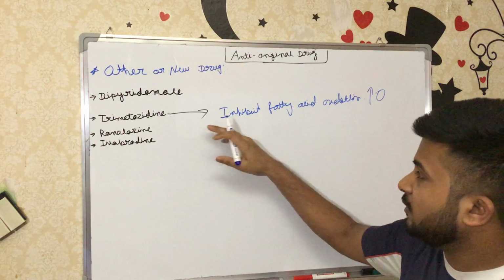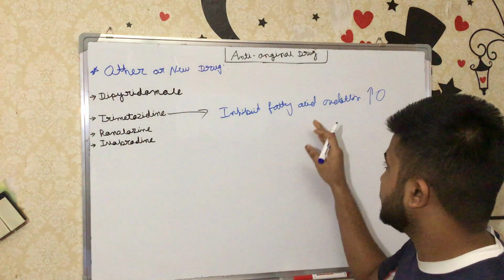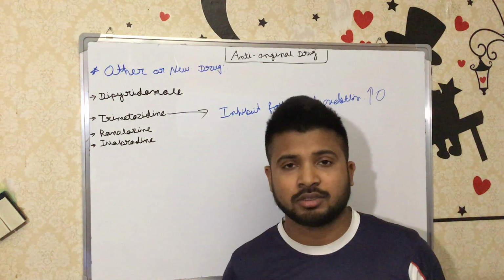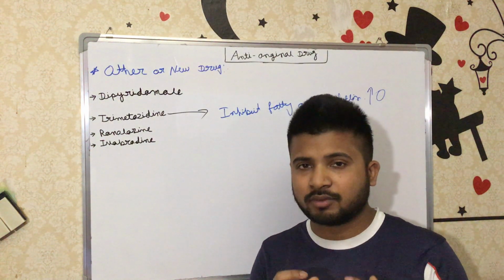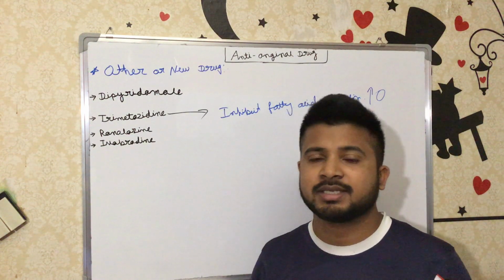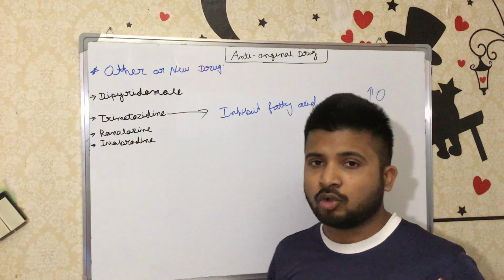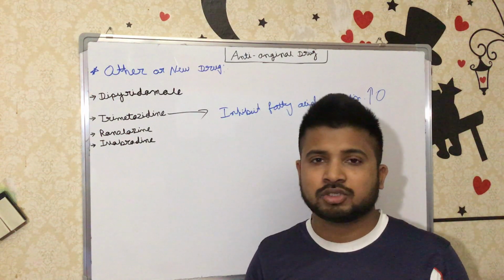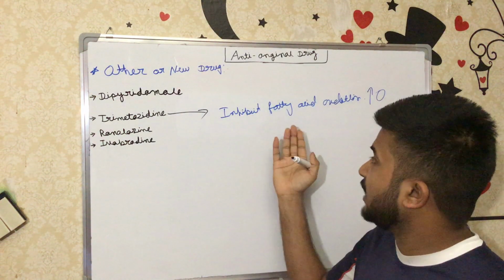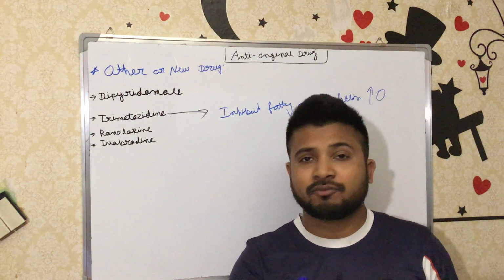Due to this reason, if we inhibit fatty acid oxidation, which is the major source of energy, the heart will again take from glucose, because now fatty acid oxidation is inhibited by the drug. The heart requires energy by any source, so after the inhibition of fatty acid, it will start to take energy from glucose.